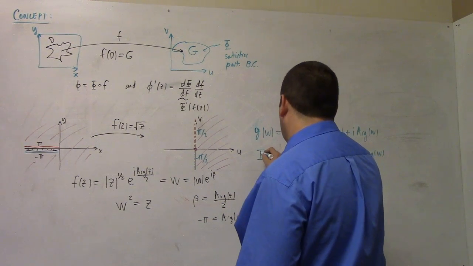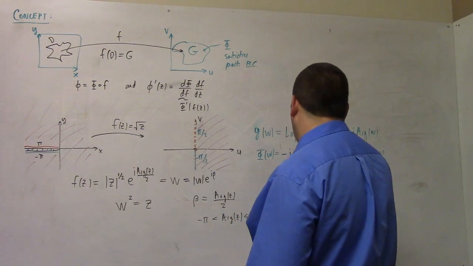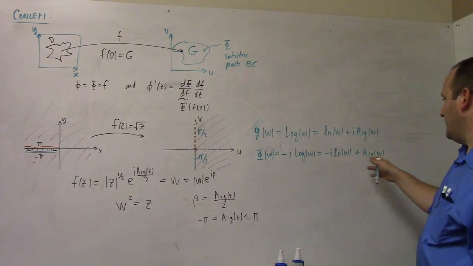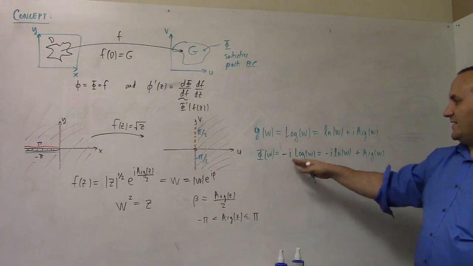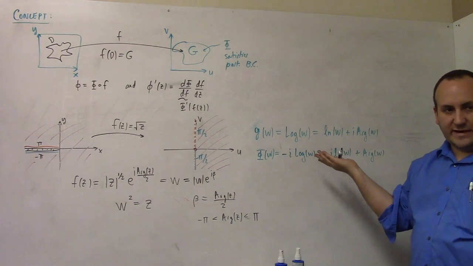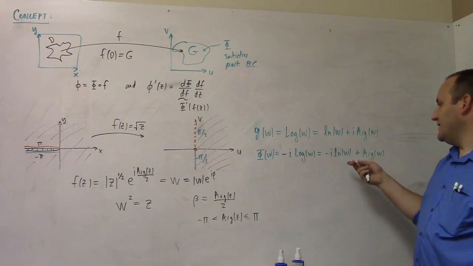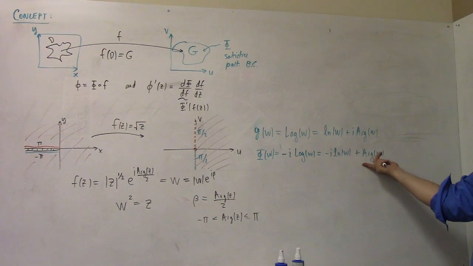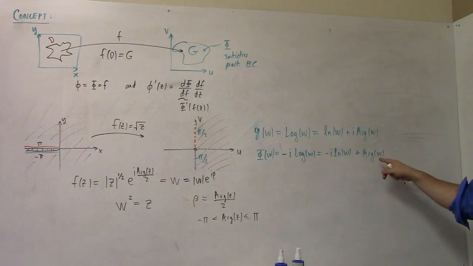So this is what I'm looking for, in the sense that here's a complex function. It's minus i times log w. Log w we know to be complex differentiable from our larger study of complex variables. And there's the real component.